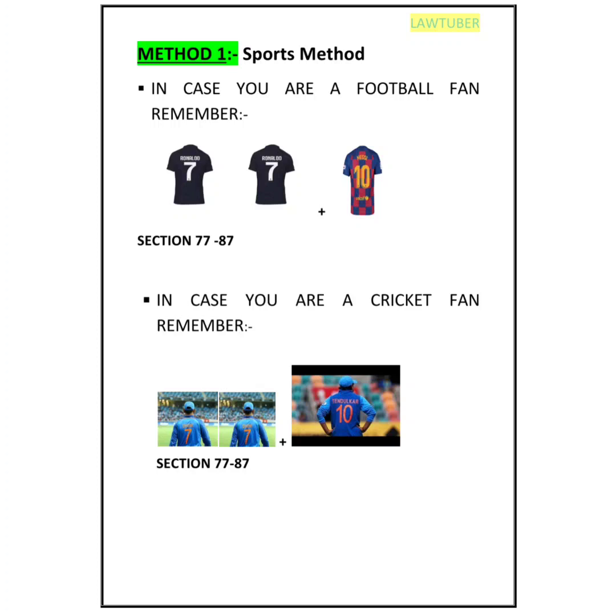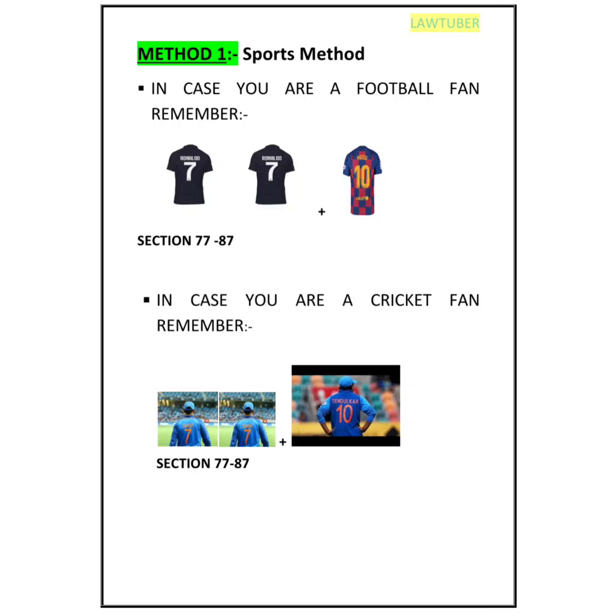So let us say you are a football fan. In football we know Cristiano Ronaldo and Lionel Messi, the two big names, right? The trick here is you have to remember Ronaldo's jersey number, that is 7. Many football fans know that. So two Ronaldo jerseys, 7, 77, that is the opening section of charges. Simple.